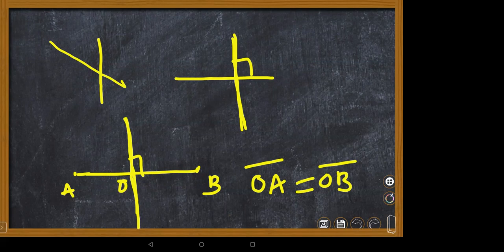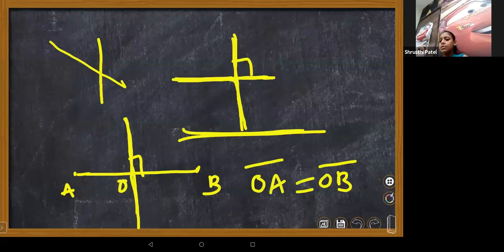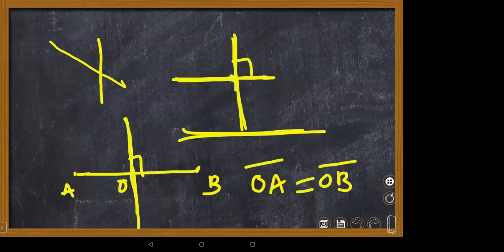But in this case, you see, there is a very little distance from here to here, and a little more distance on the other side. Of course, it is a perpendicular, but it is not a bisector. It is not a perpendicular bisector. But in this case, it is perpendicular and it bisects the line AB too, so we can call it a perpendicular bisector.